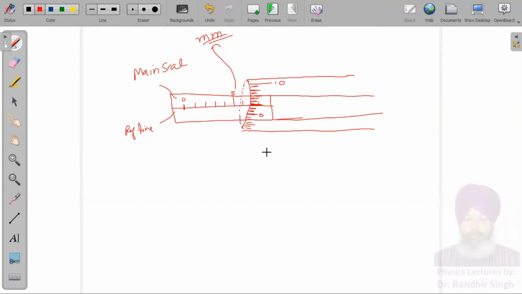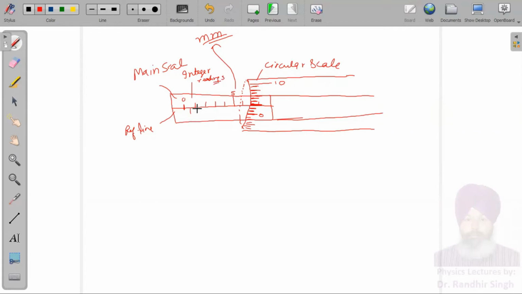So this will be the screw. This is the circular scale. Now this is in millimeters. So on one side we are having integer readings. On the other side we will have half integer readings.